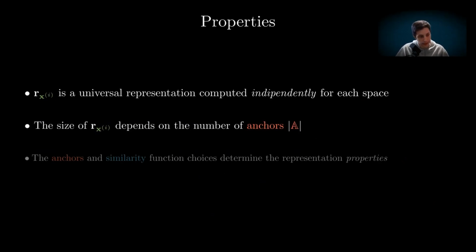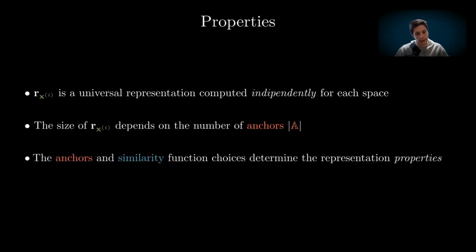Moreover, we have that the size of the relative representation depends on the number of anchors, A, and not on the embedding dimensionality. So in theory, we could bring in the same space latent spaces that had different dimensionality.